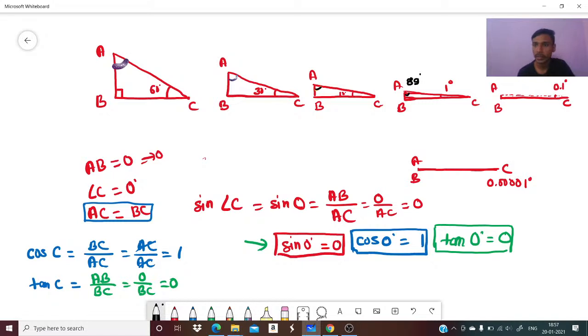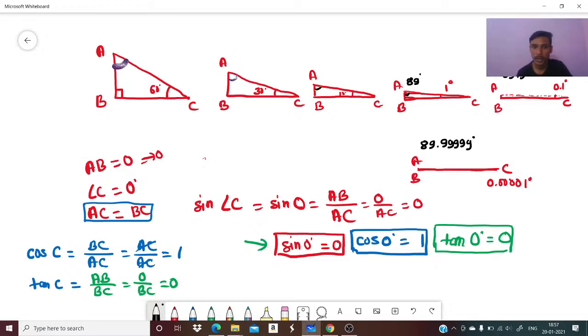And when this was 0.1 degree, then this angle A was my 89.9 degree, right? And now when this angle is 0.00001 degree, at that time the angle A here is 89.99999 degree.